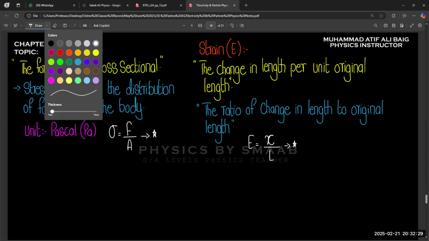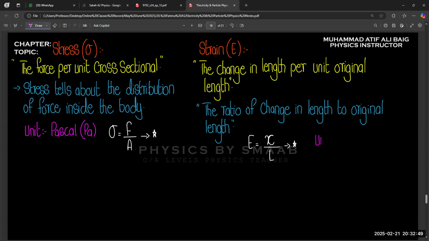And if we talk about the SI unit, there will be no SI unit because in the numerator we have meters and in the denominator we also have meters. So they cancel out each other and the final result has no unit.